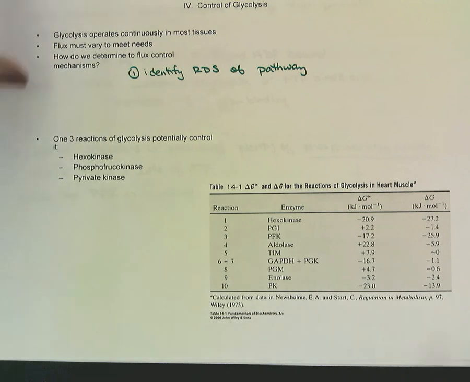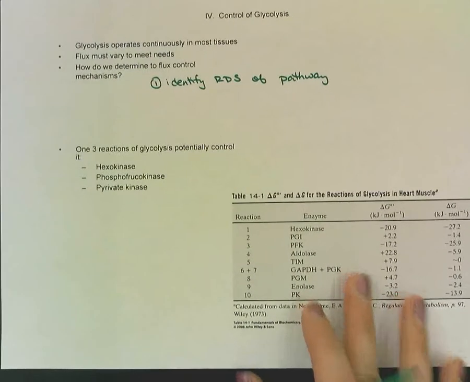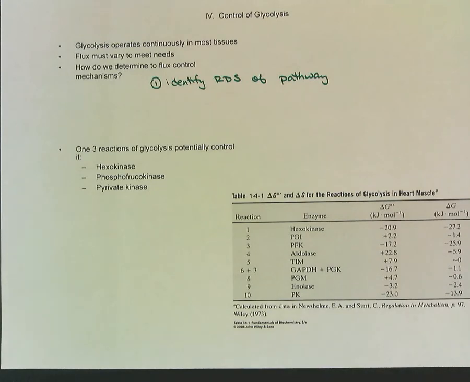We determine flux by looking at what are the rate determining steps of the pathway. And how do we know it's a rate determining step using delta G? Are they positive, negative, or zero? They'd be positive. Rate determining steps are going to be typically positive.